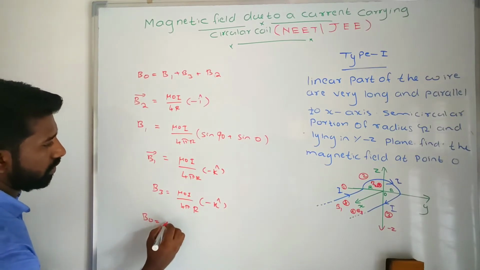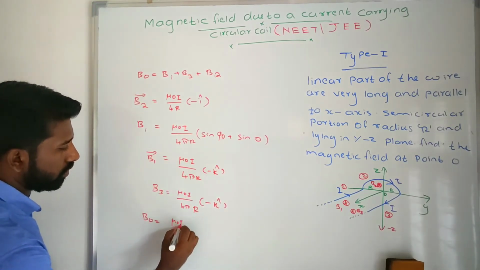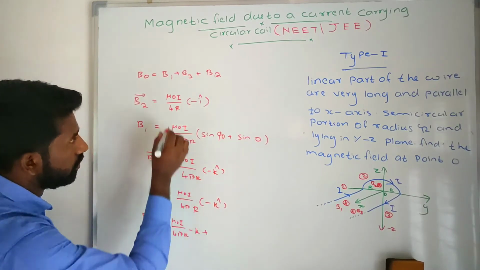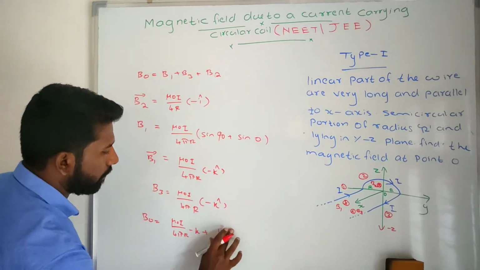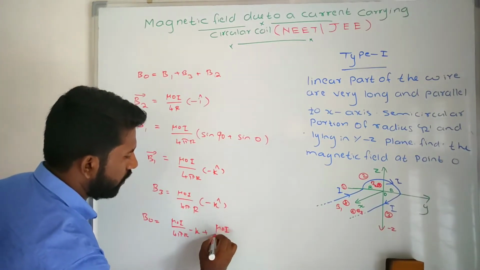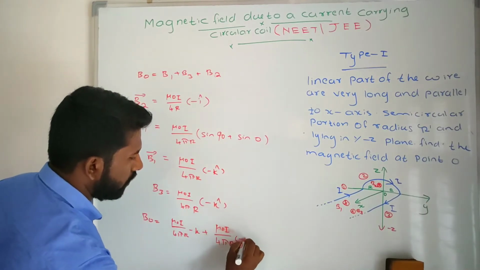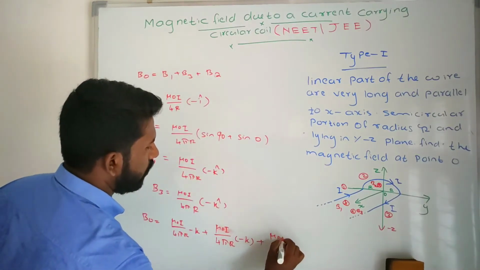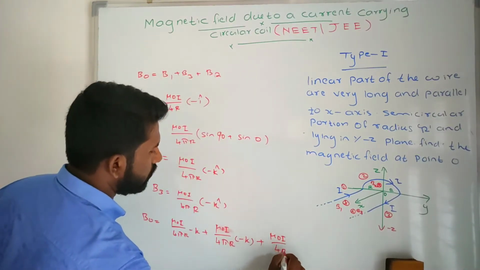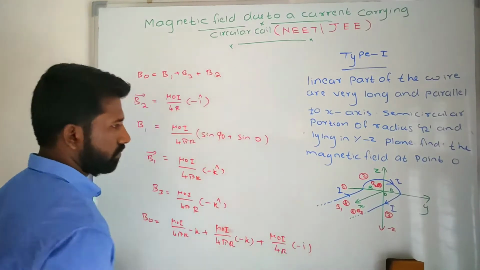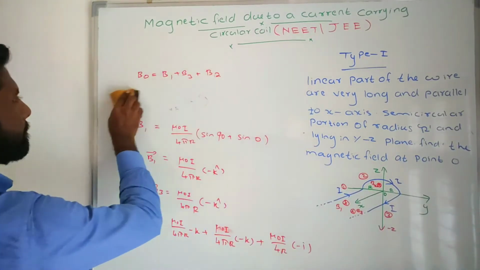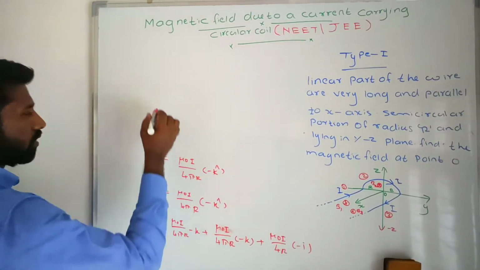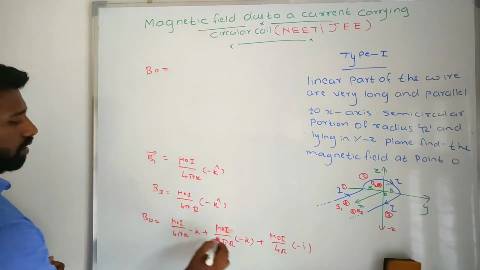So what about B1? B1 is equal to mu 0 I by 4 pi r minus k, plus B3 is mu 0 I by 4 pi r minus k, plus B2. B2 is how much? Mu 0 I by 4r, minus i. From these two, they are in the same direction, so you can add them.